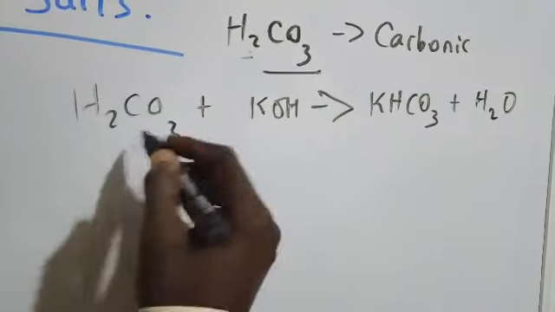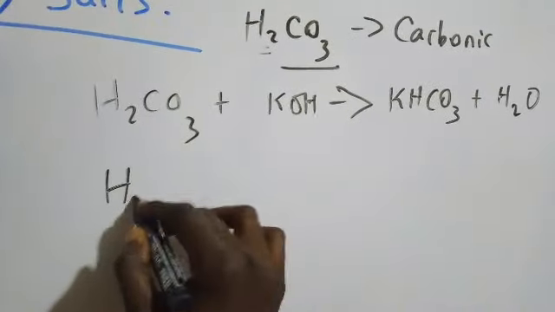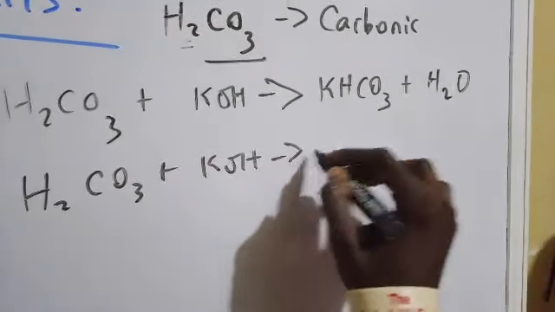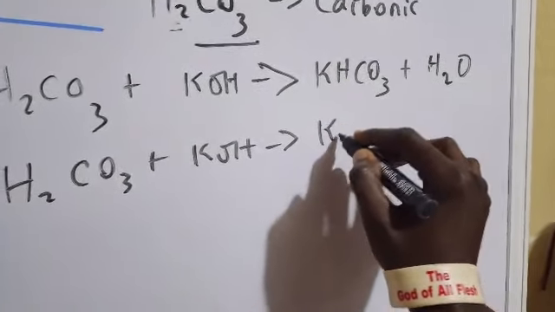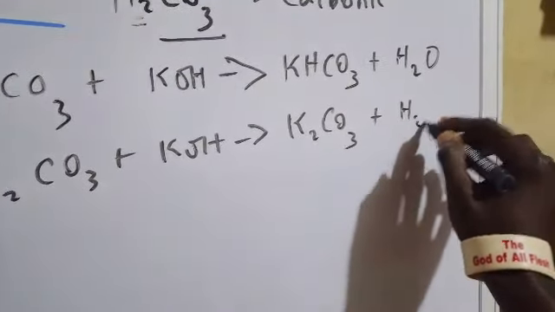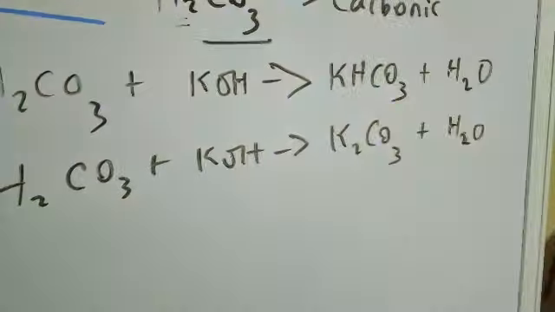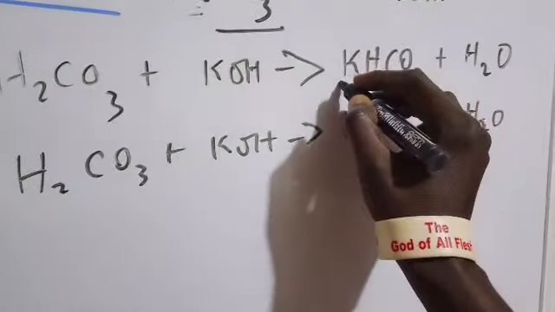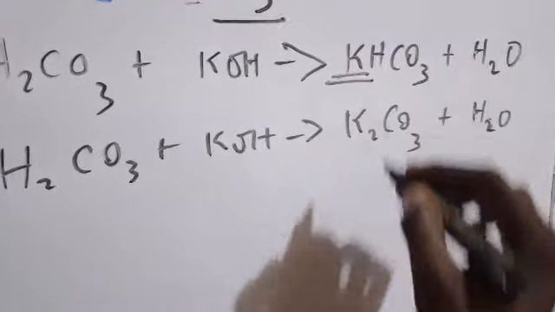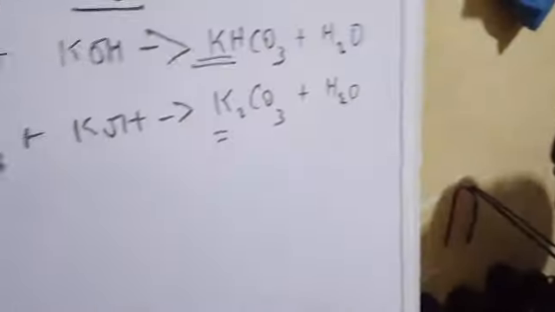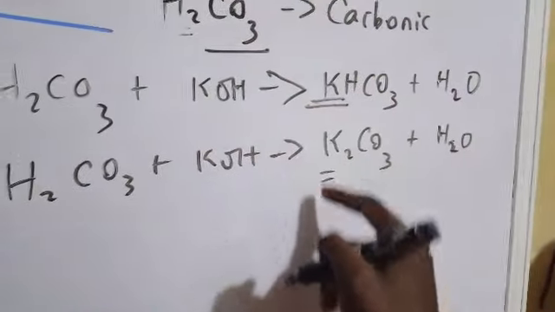Then, with the same reaction, H2CO3 plus KOH, it can still give us K2CO3 plus H2O. They are both unbalanced. So it can give us KHCO3 and K2CO3, acidic salt and normal salt.